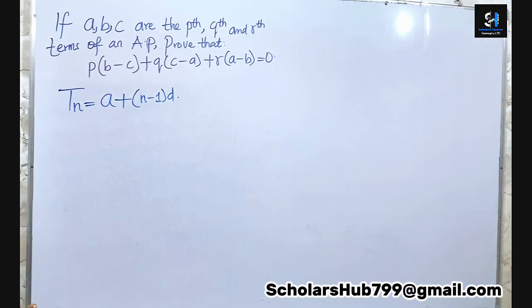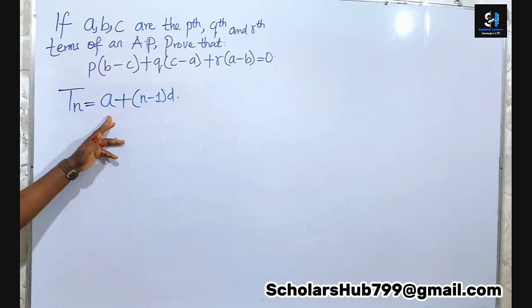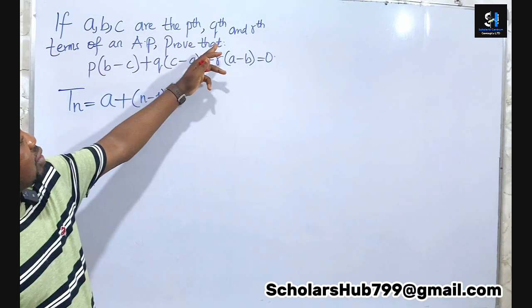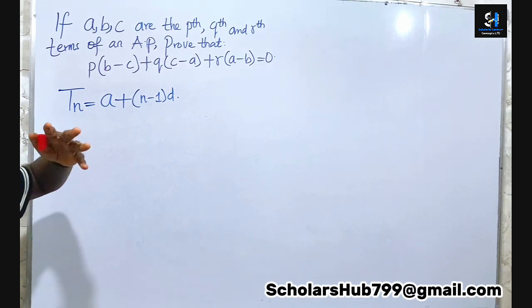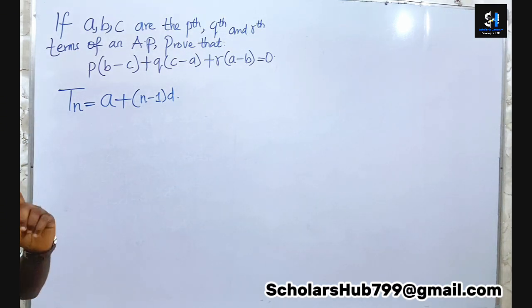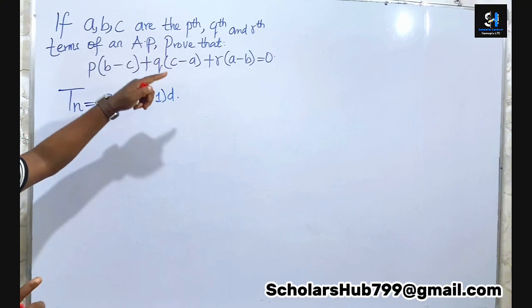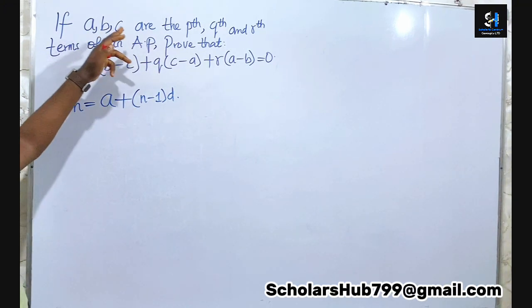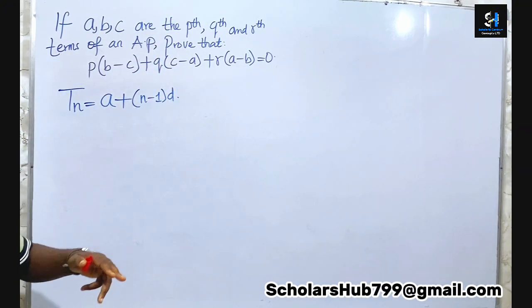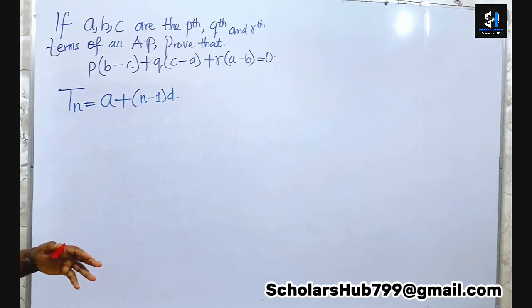In this case, I'm going to choose a different letter to represent the first term, because the pth, qth and rth terms will have the same first term, only that a, b, c will be used to represent the pth, qth and rth terms respectively.